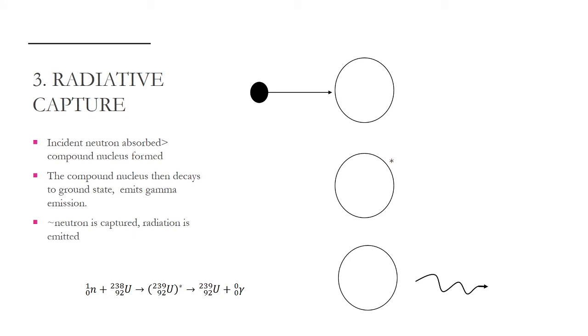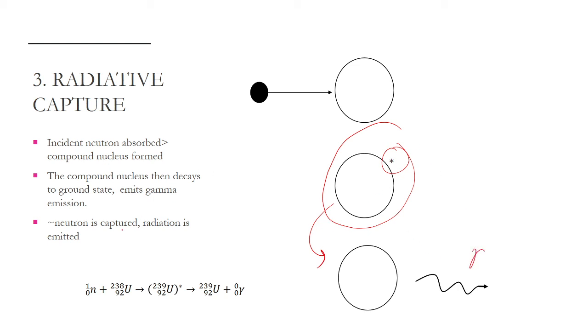So the radiative capture, as the name given to the process: the incident neutron is captured, forming a compound nucleus. This compound nucleus is at an excited state, so it returns to its ground state by emitting gamma ray.